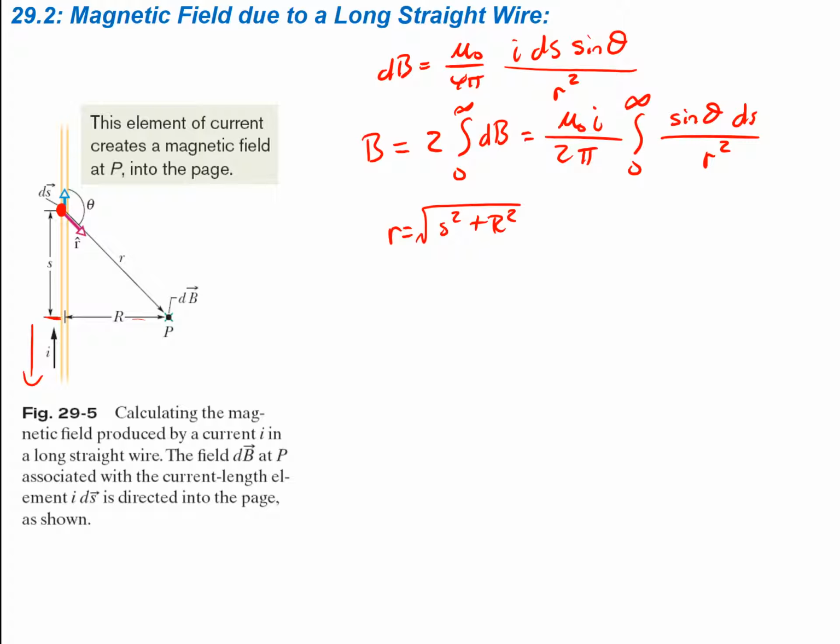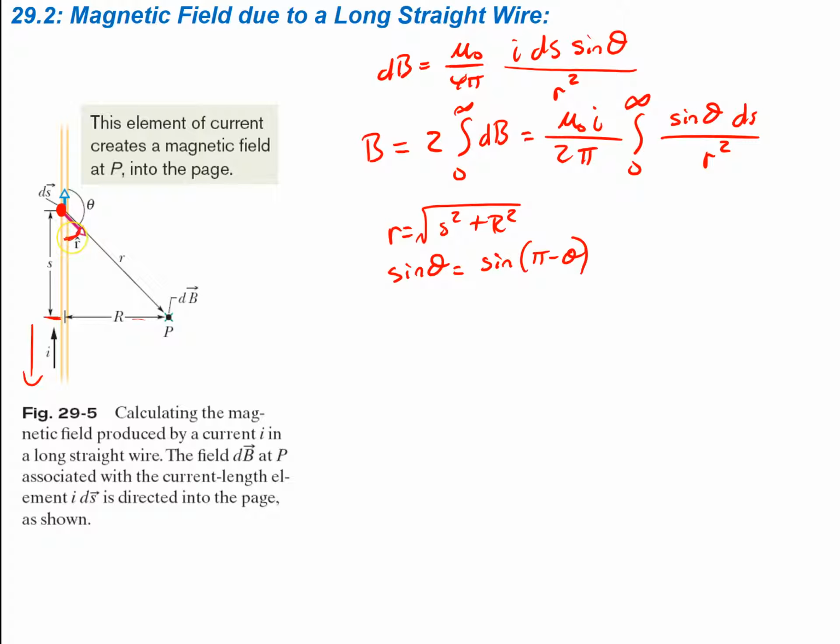Now we can also look at this sine theta term here, and that would be the same thing as the sine of pi minus theta. So this is theta, but it's also the same thing as this angle right here, which is pi minus theta, because this whole thing being pi minus theta gives us that angle right there.